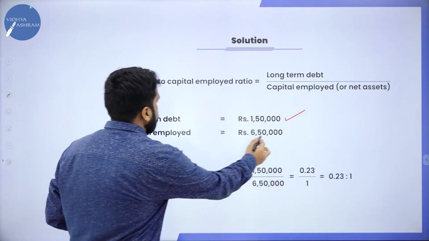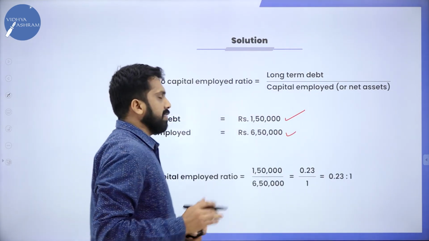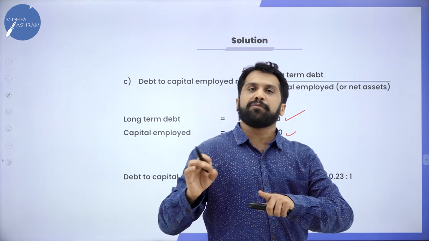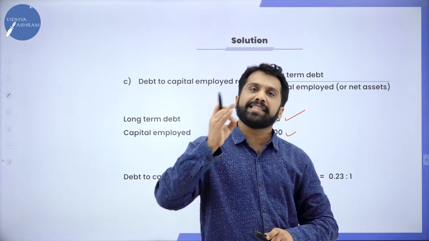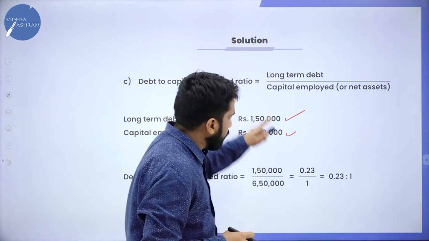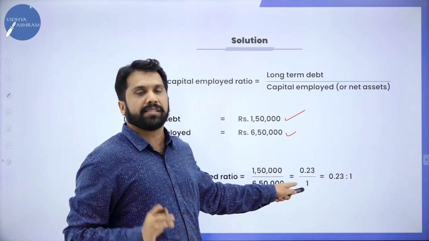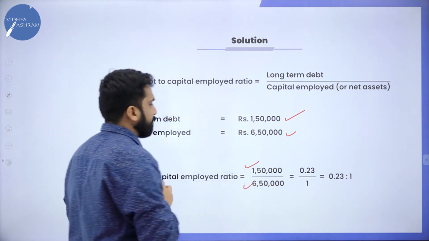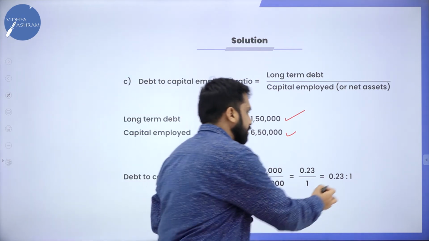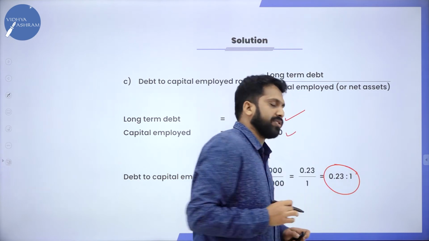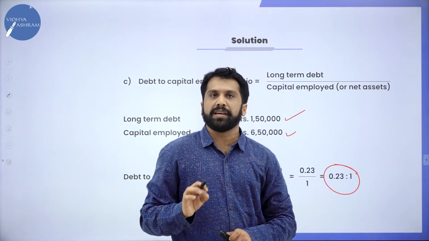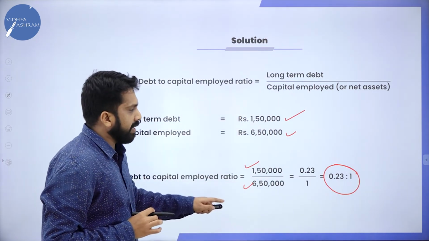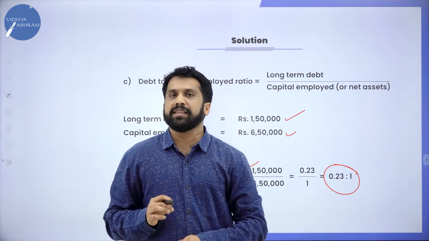Same answer, 6,50,000. As I told you, once you calculate, the same thing you can use for every formula. Now, 1,50,000 divided by 6,50,000. What is your answer? 0.23 is to 1. Okay. So, these are the calculations on solvency ratio.